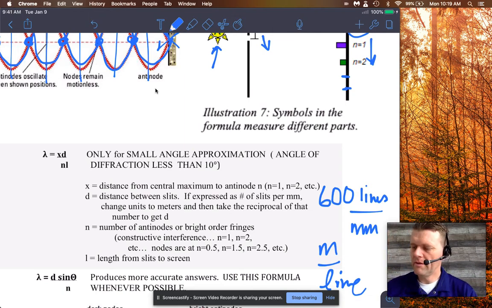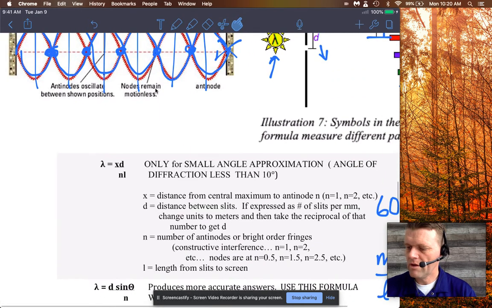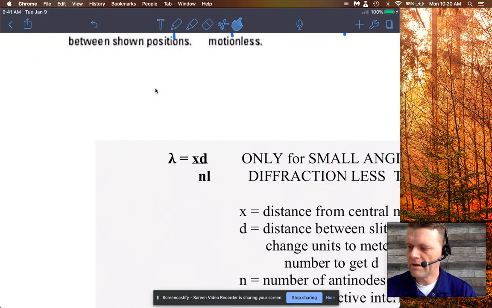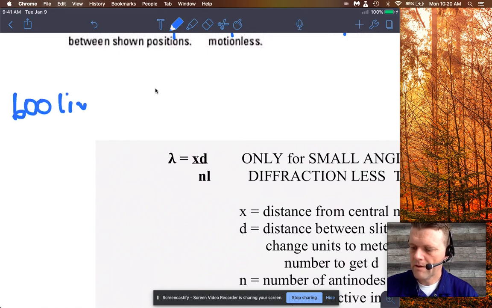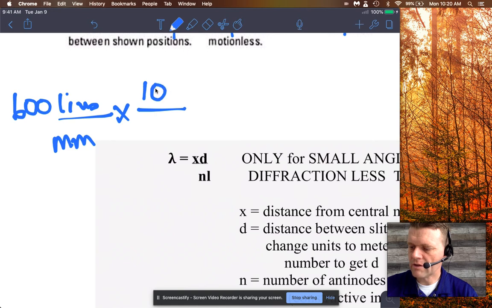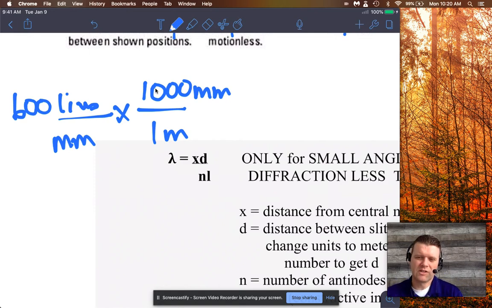Okay. And so just to make that work here, 600 lines per millimeter, maybe I'll just move this over here so we can draw this in a little bit. So 600 lines per millimeter. What we can do is say, well, there are 1,000 millimeters in 1 meter. Okay, so obviously if there's 600 lines in a millimeter, then how many lines would there be in a whole meter?